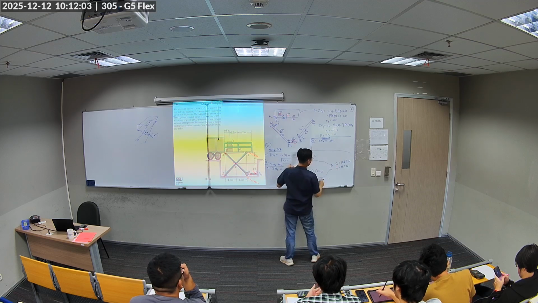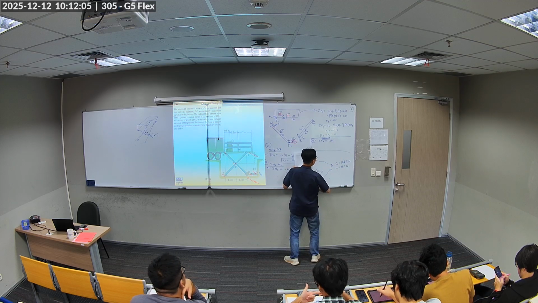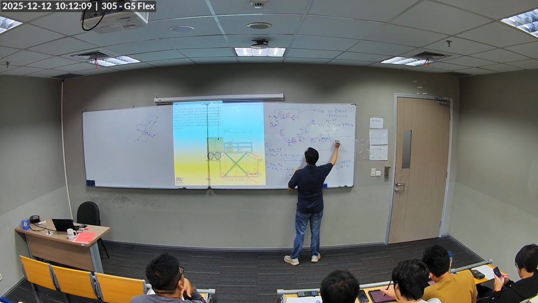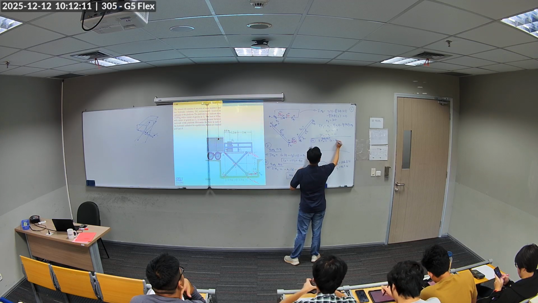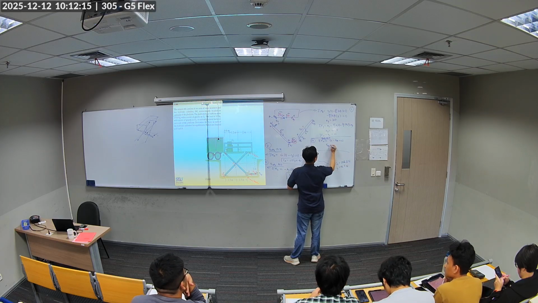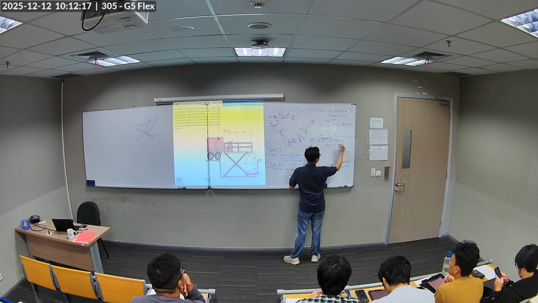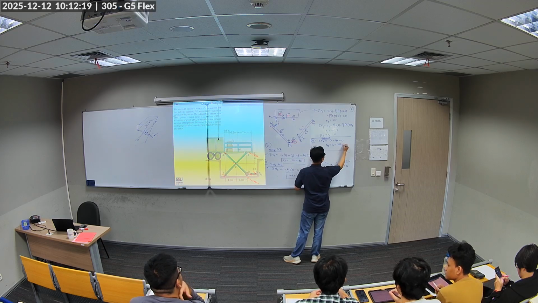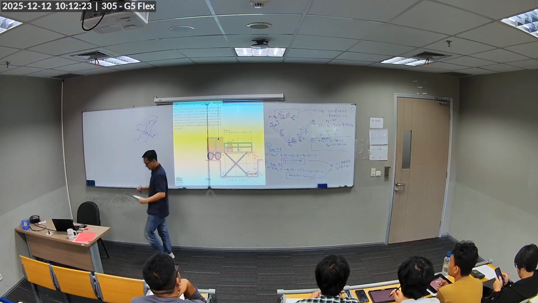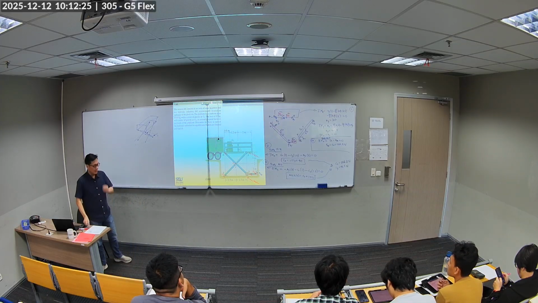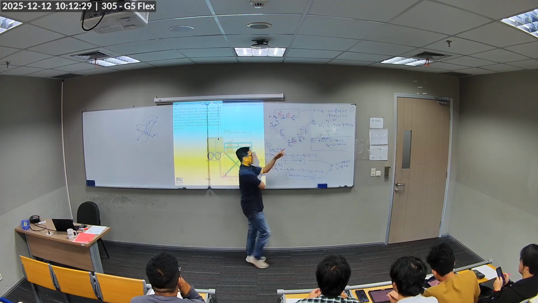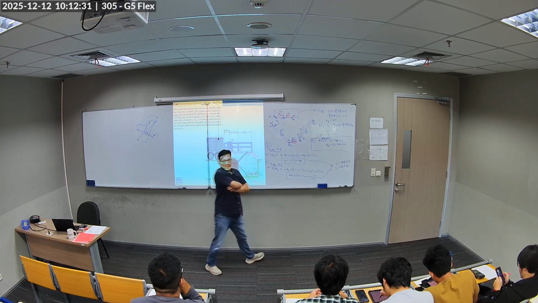This is CX, so I'll just write CX minus FDE equals 0. So FDE is equal to CX, which is 1066.8. What's new in this problem is that you cannot directly solve for CX and CY.